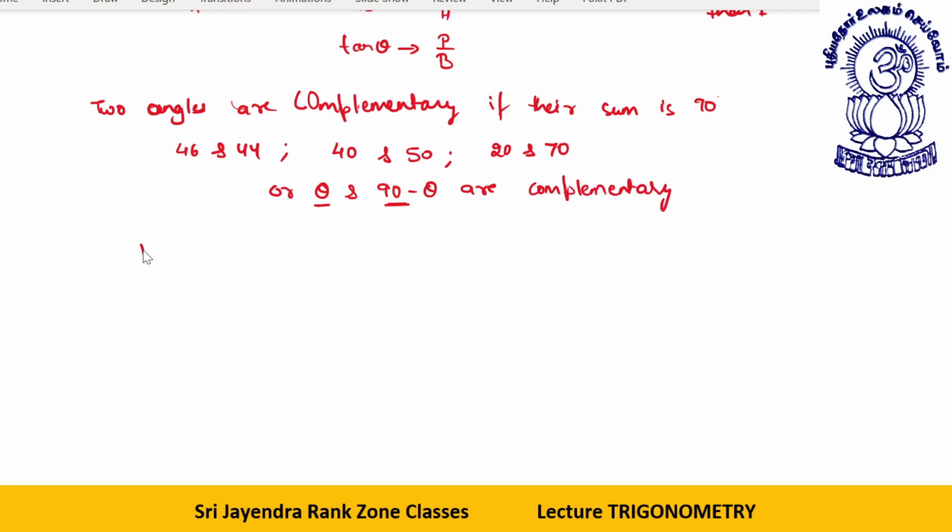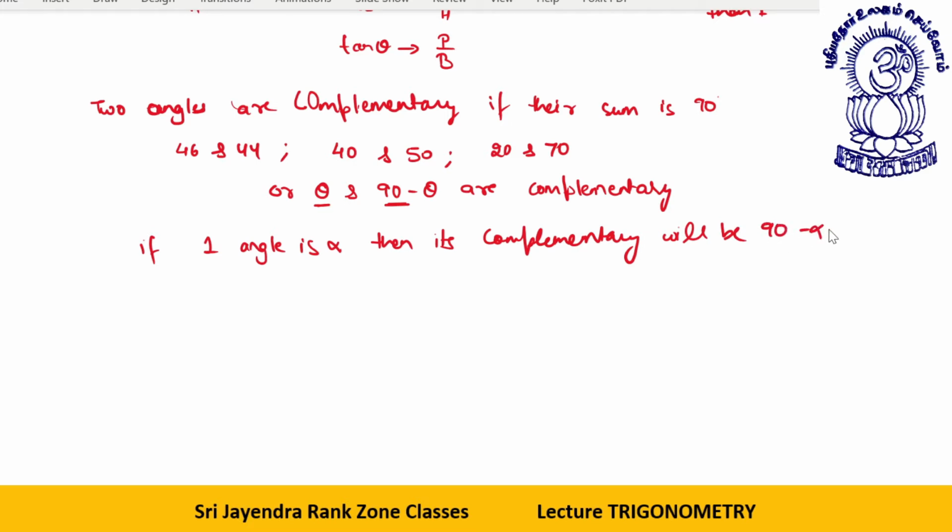Simple. If one angle is alpha, then its complementary will be 90 minus alpha. This is the basic thing.